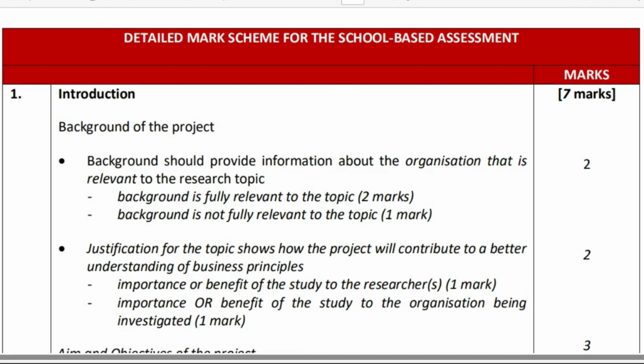Another thing to take note of is that it must be typed using double line spacing. The font size should be 12, and you can use either of 3 font styles: Times New Roman, Calibri, or Arial. All right, so you have to take note of those.